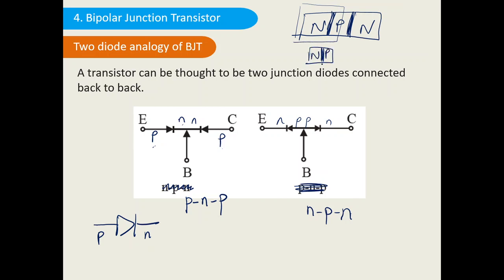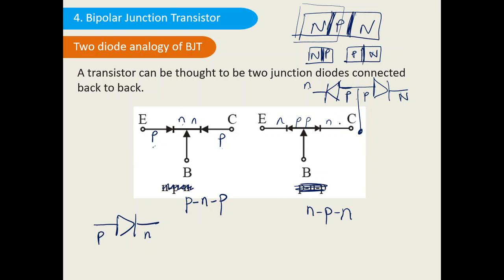So I can draw this diode like this, this is N and this is P. Also this side is PN, so again I can draw a diode like this, this is P and this is N. If I draw the connection like this, this is the NPN transistor.